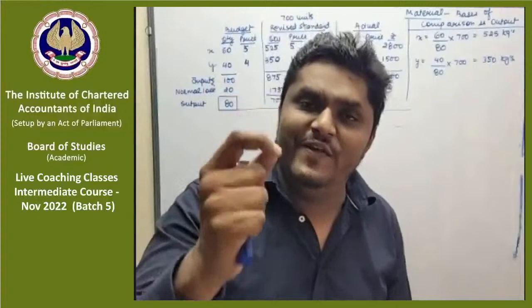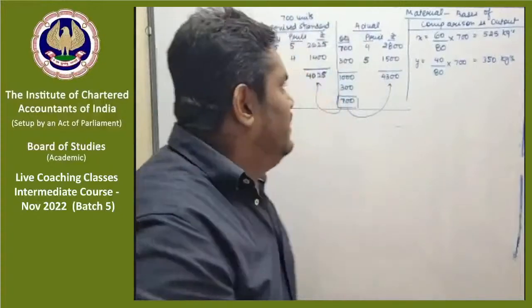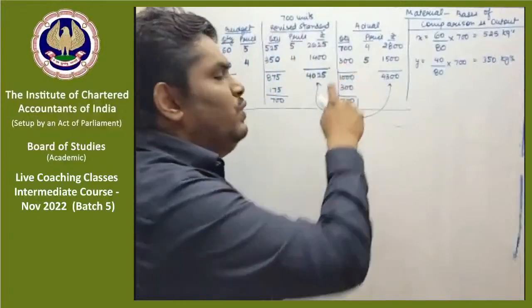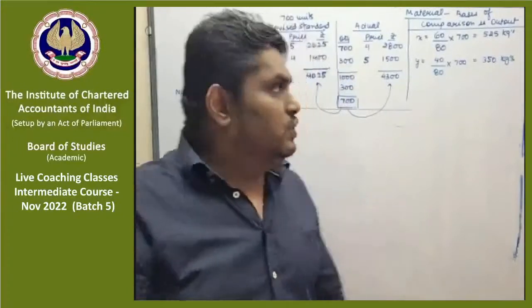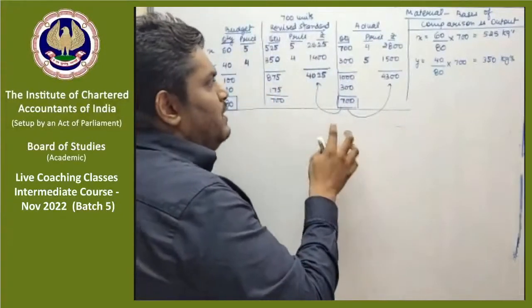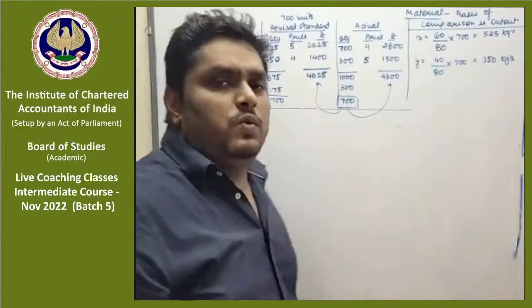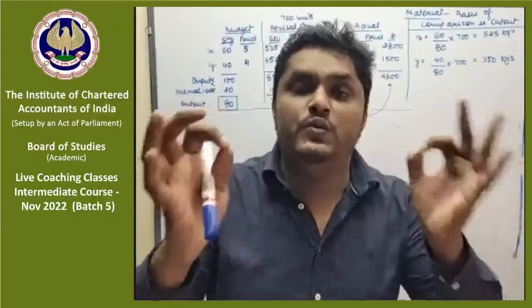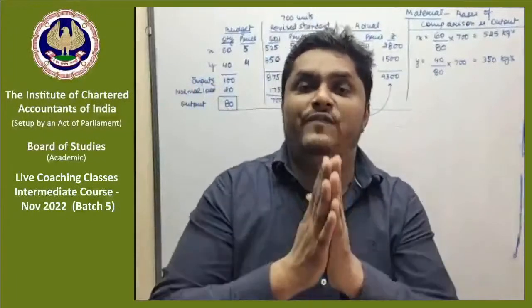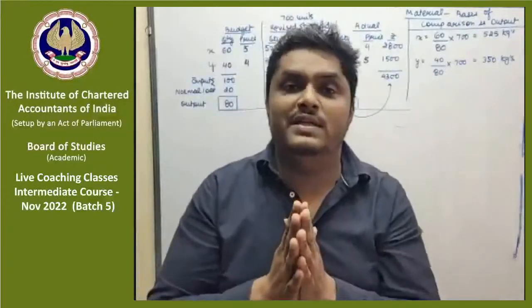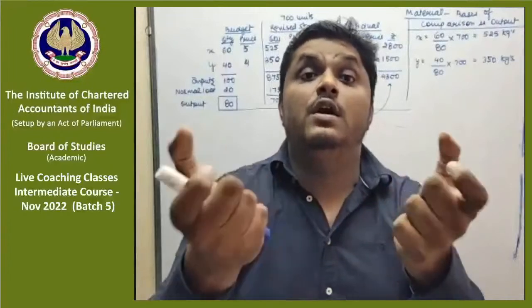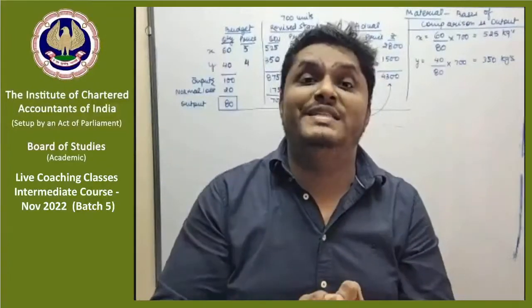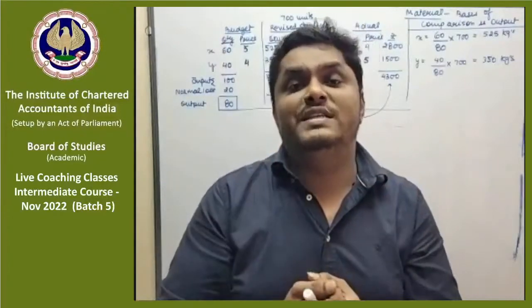However, we used 300 kgs only at the rate 5. So, how much total cost was supposed to be incurred? 4,025. But how much did we actually incur? 4,300. It means we incurred 275 rupees extra to manufacture these 700 units.